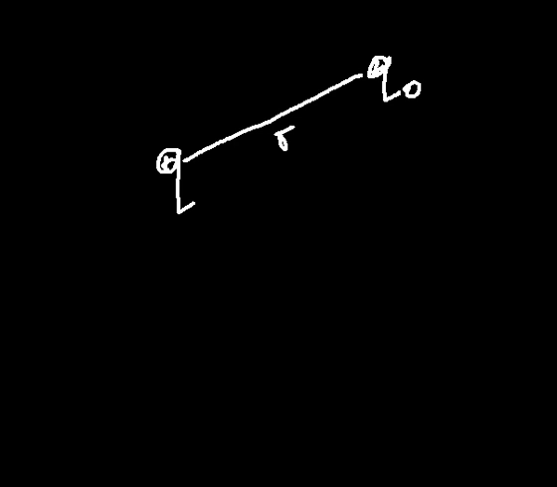Now, in this case, what is the force that a test charge experiences due to this particular point charge? We know that it is given as the electrostatic force, Fe.